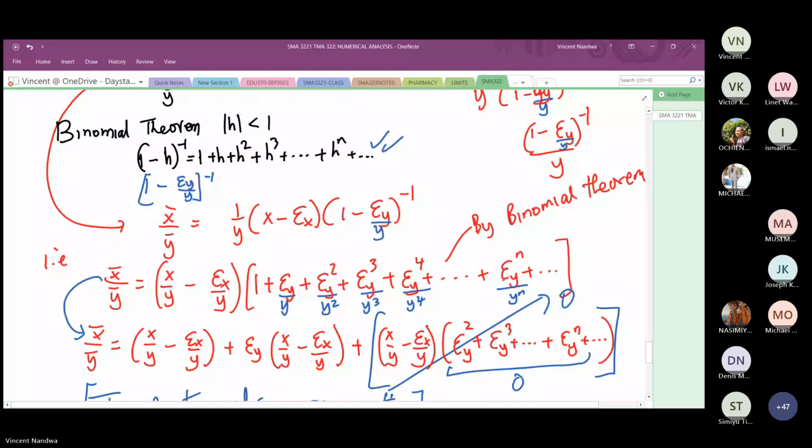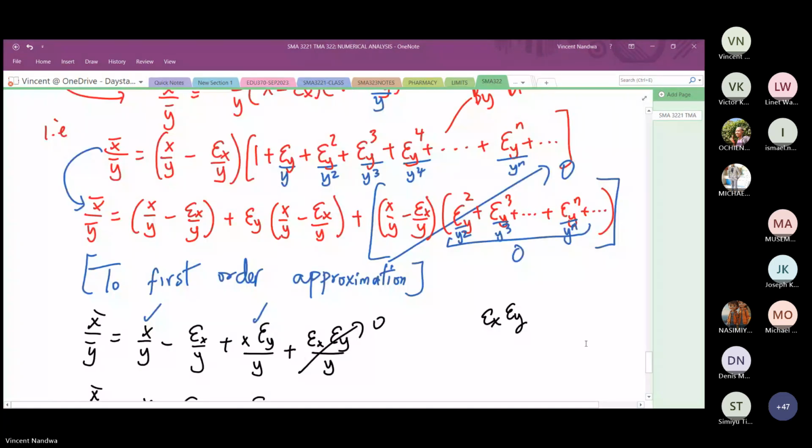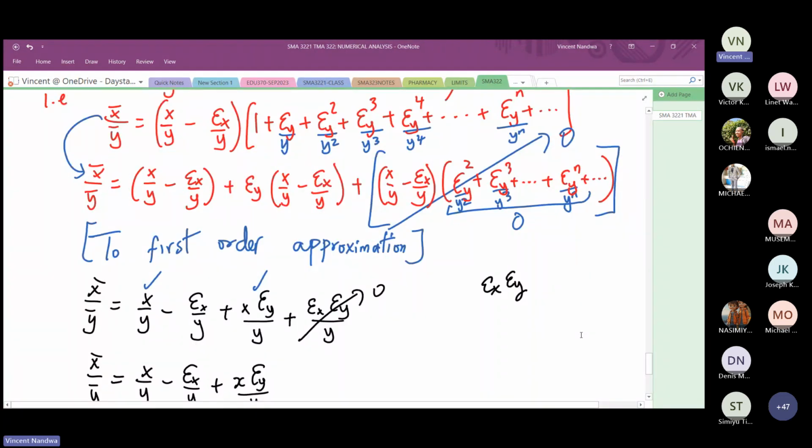Similarly, error in y over y raised power n, you get error in y power n over y power n. So here we also have y squared, we have y power 3, we have y power n. So which means then here we have this over y, okay?